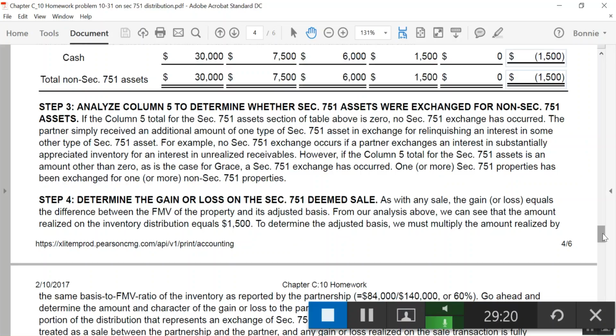So when you sell property, you're selling something that you had basis in in consideration for something that you get back. You're looking at the fair market value of what you're getting back, and you're comparing that to the basis of what you give up, and the difference between those two is your gain or loss.